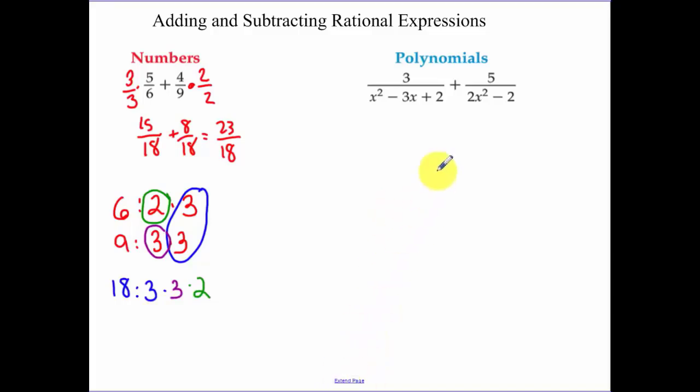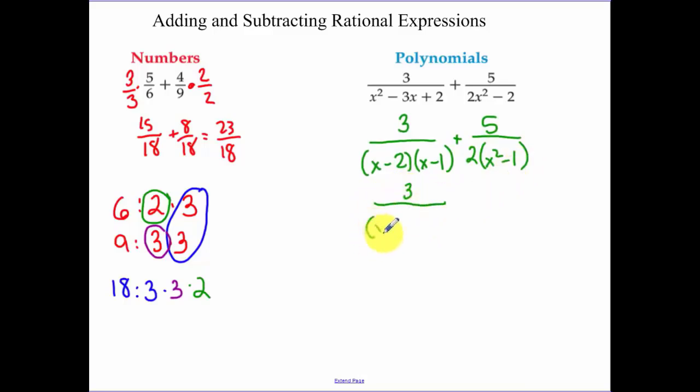Now looking at a polynomial. First we need to factor those denominators. So x minus 2, x minus 1. When we factor out a 2, we have x squared minus 1.